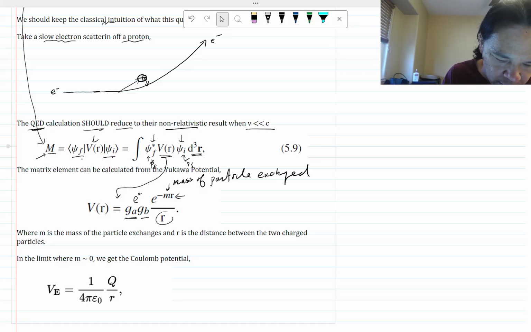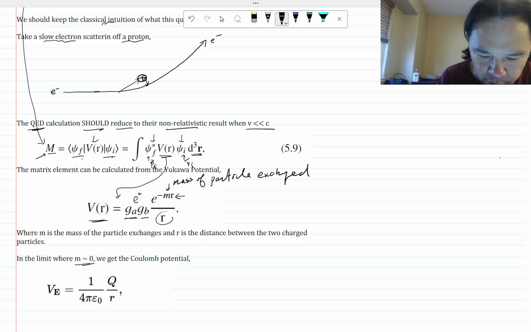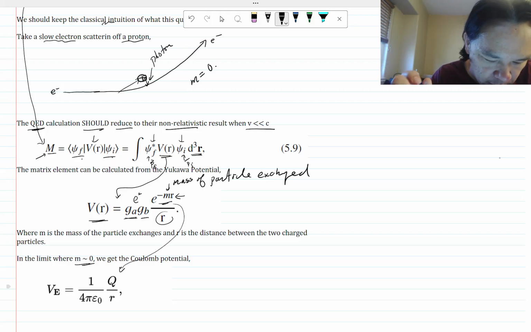So in the limit of this Yukawa potential, where you have the mass of the exchanged particle being 0, because in electromagnetic scattering the particle being exchanged between the two is a photon, and the mass of a photon is 0, you can compute this and convert it to the Coulomb potential.